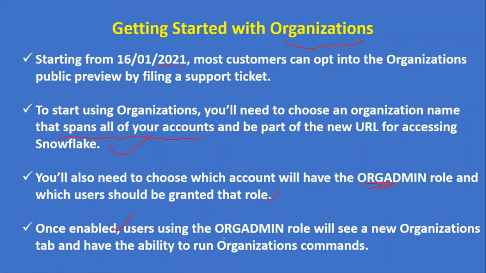So after enabling the organizations with the support of the Snowflake support team, if you have the org admin role, you see a new tab in the Snowflake web interface called the organization tab.